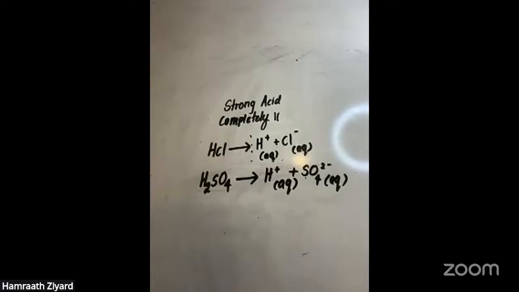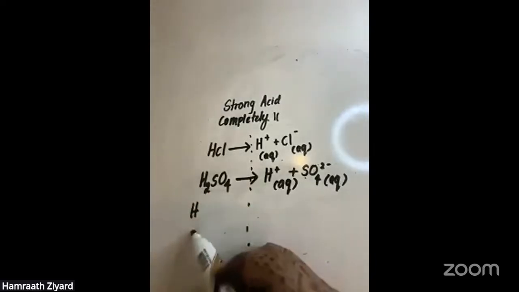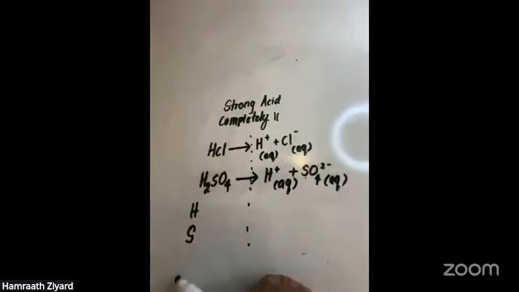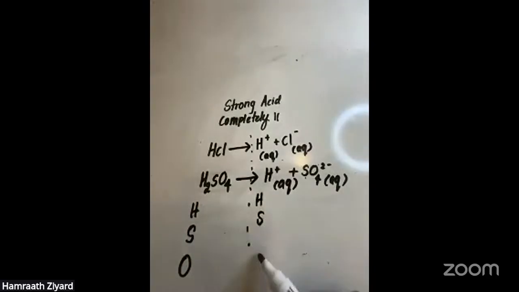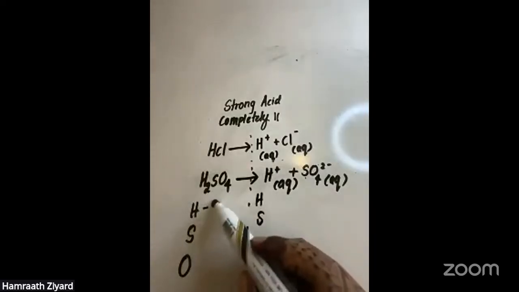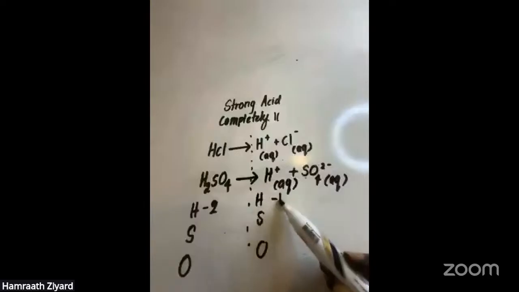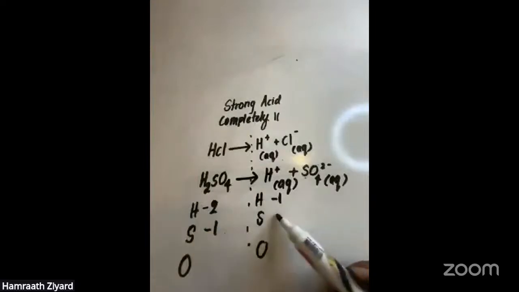But before that, check whether they are balanced. What elements do I have here? Hydrogen, sulfur, oxygen. Here also hydrogen, sulfur, oxygen. How many hydrogen do I have on this side? 2. Here, 1. How many sulfur? 1 sulfur, 1 sulfur.